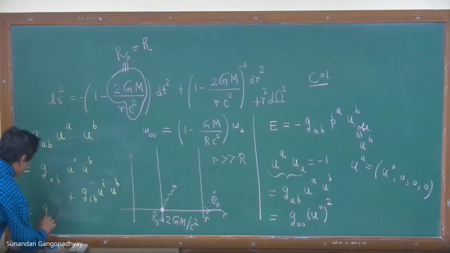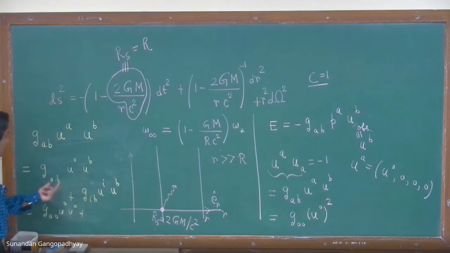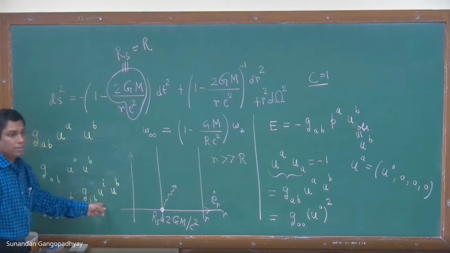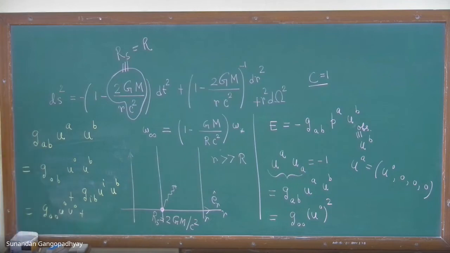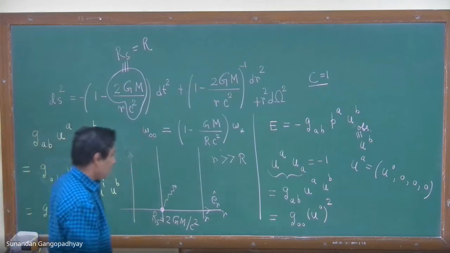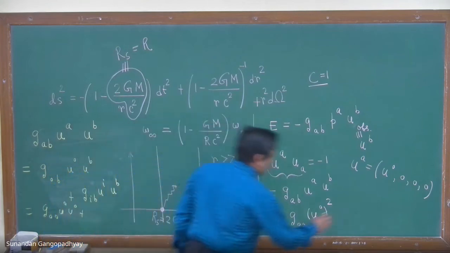So this will be G00 U0 U0, plus again the I component, but G0I is a diagonal matrix off-diagonal component 0, so that is gone, and UI is already 0 because there are no spatial components, so that term is gone, so only the G00 term survives. Right? Now this is equal to -1.